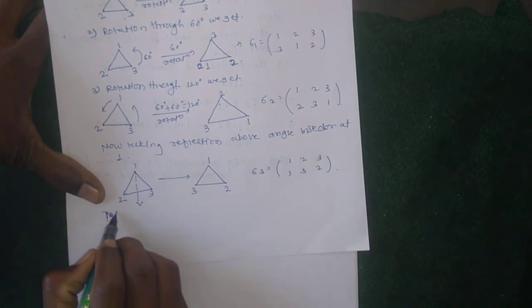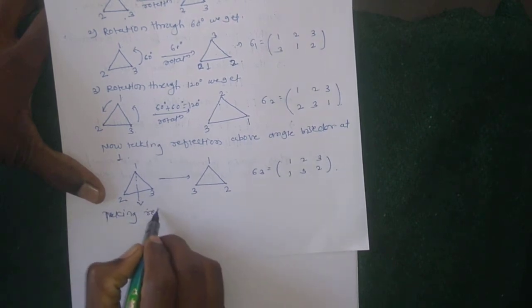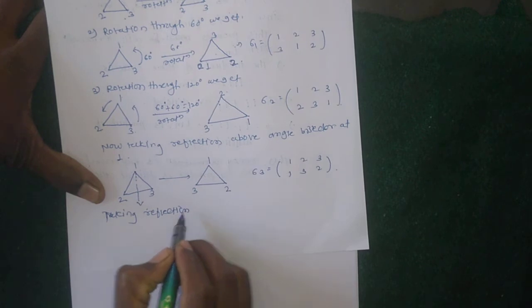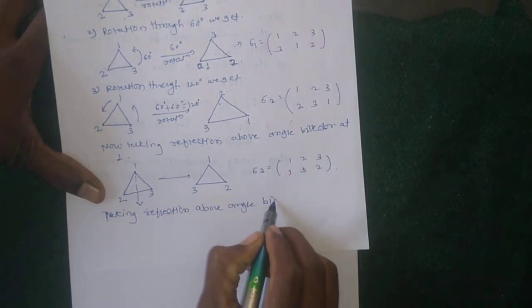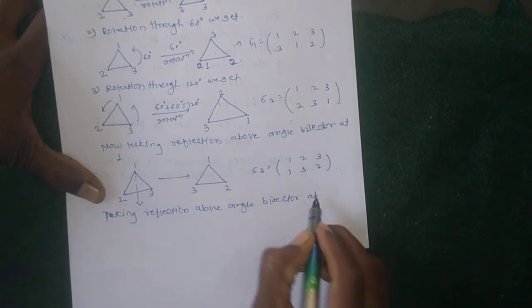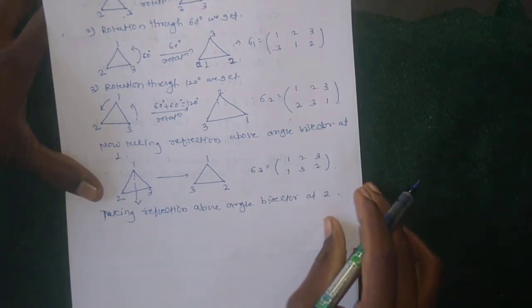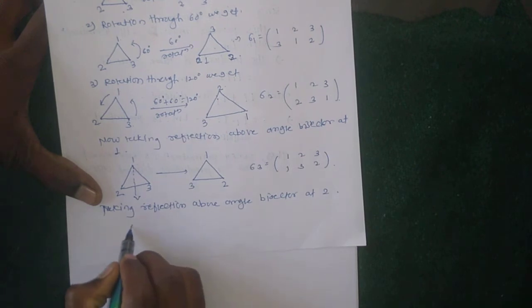Again, now taking reflection above the angle bisector at 2.